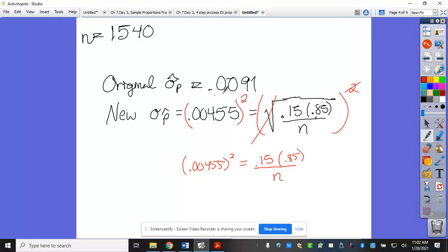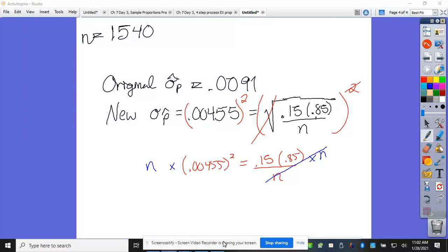Algebra, what's my next step? So now I've got n times this equals 0.15 times 0.85.